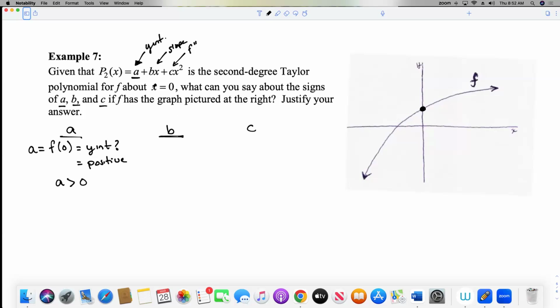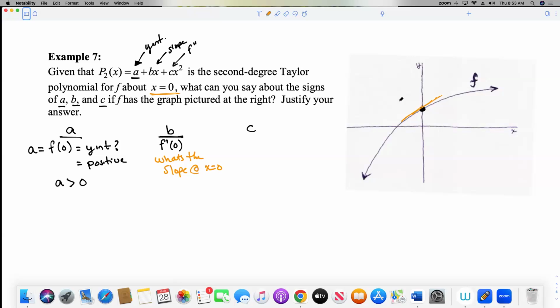Now b came from the first derivative at 0. So what is the first derivative at 0? Basically asking, what's the slope at x equals 0, right? And here the slope is positive. So b, therefore, will be positive.